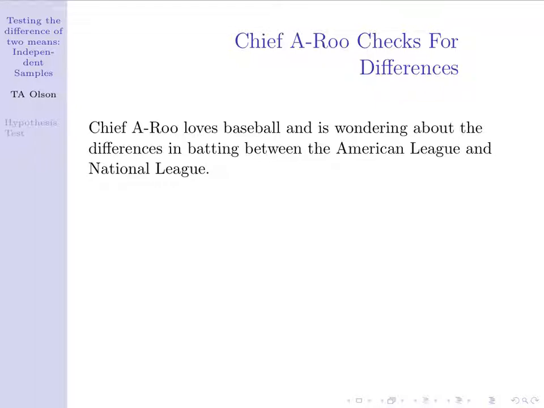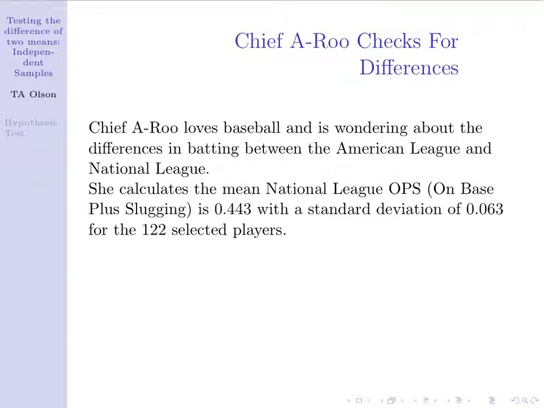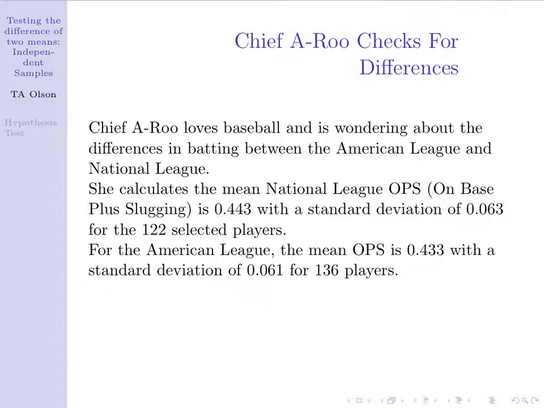the difference in batting between the American League and the National League. She does some calculations, calculates the mean National League OPS, that's on base plus slugging, is .443 with a standard deviation of .63. This is a sample standard deviation and a sample mean for 122 selected players in the National League.